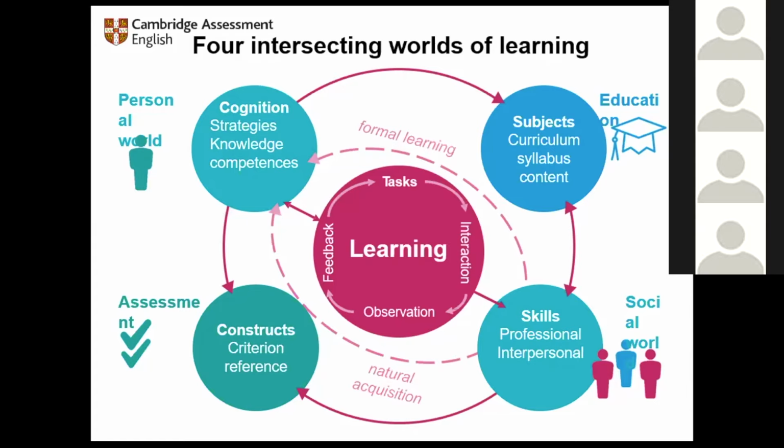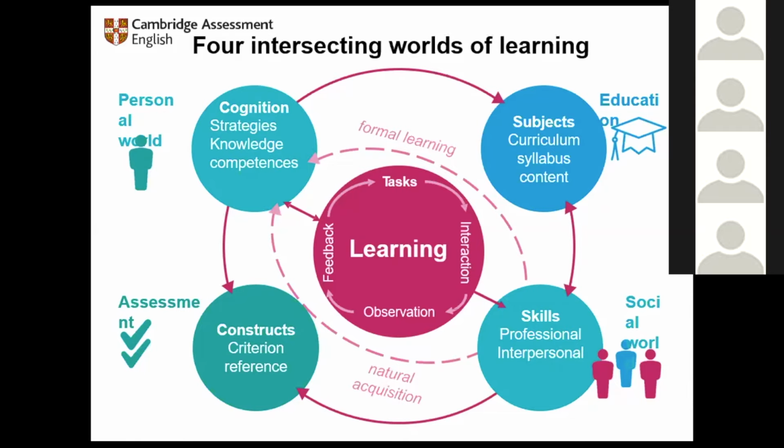That means if we are basically looking at a successful learning process, we have to consider these four worlds interacting together to generate learning. And in this context, as we said, we have two types of learning. The formal learning, which is passed formally through the materials, the content, the course guidelines, etc. That's a formal type of learning.